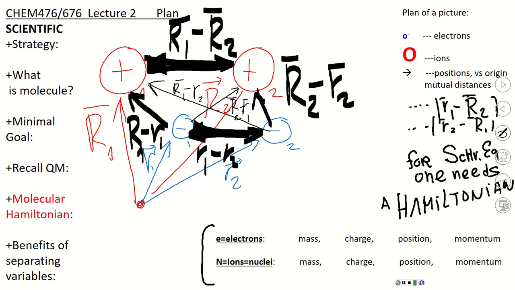If you draw it yourself, maybe you'll be more artistic and more comprehensive. So these 6 distances are needed to formulate the Hamiltonian, and we need the Hamiltonian to find electronic orbitals, to solve for quantum states.